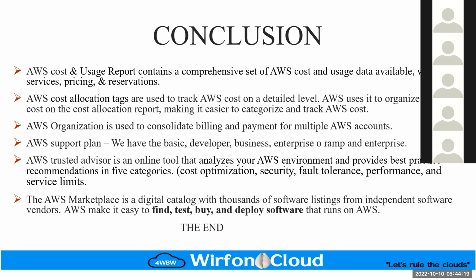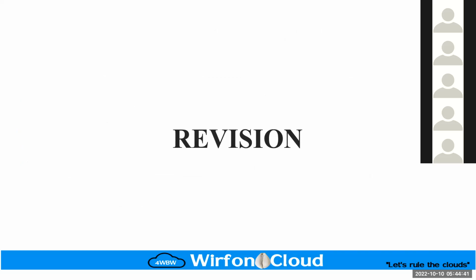This you will handle in a different topic. And then we looked at the Marketplace, which is a digital catalog with thousands of software listings from independent software vendors. AWS makes it easy for us to go there to find, buy, test, and deploy software that runs on AWS.